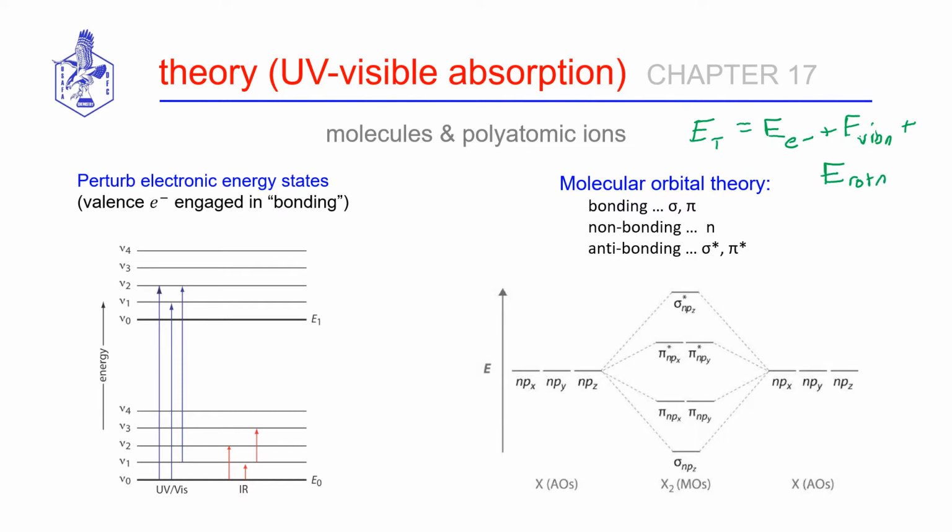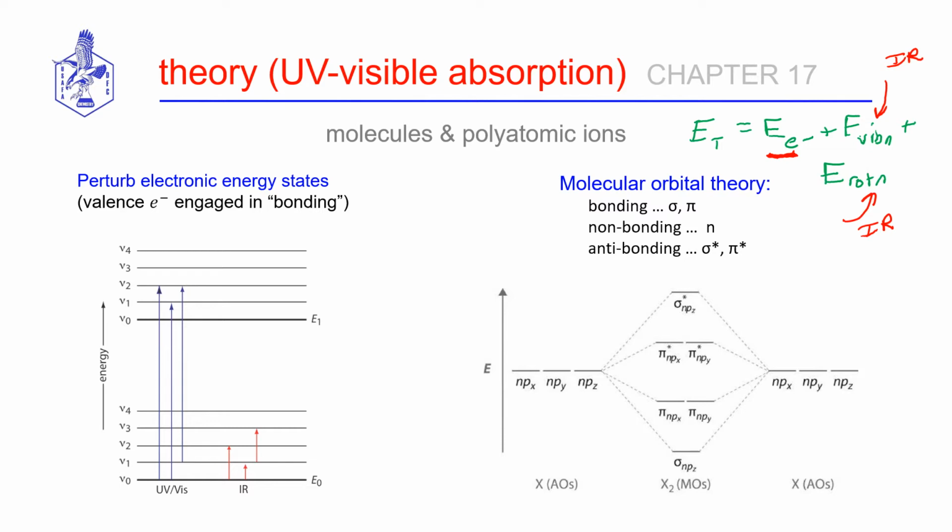We can study the vibrational energy states if we use infrared radiation, and the same with the rotational energy levels. But the magnitude of the electronic energy levels is up in the ultraviolet and the visible spectrum.